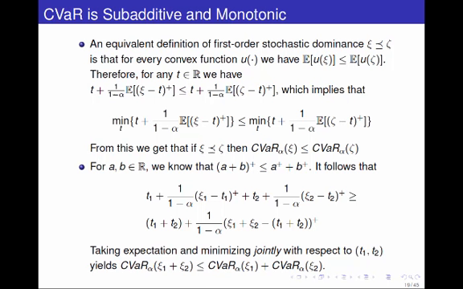When I then minimize, of course, for any t this holds, so when I'm minimizing over both sides, the inequality is preserved, and these are just the CVaRs. So that proves first order stochastic dominance.